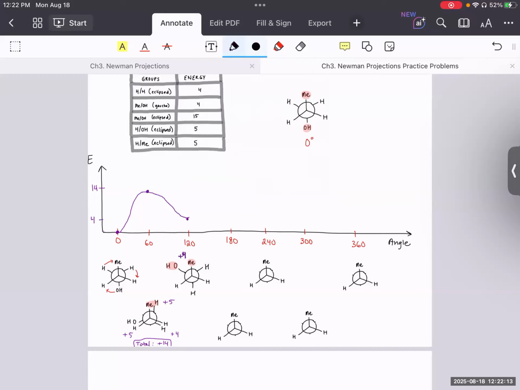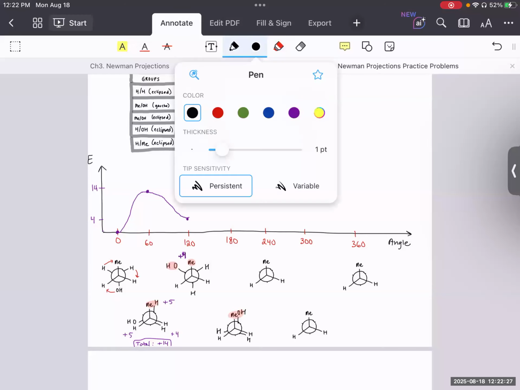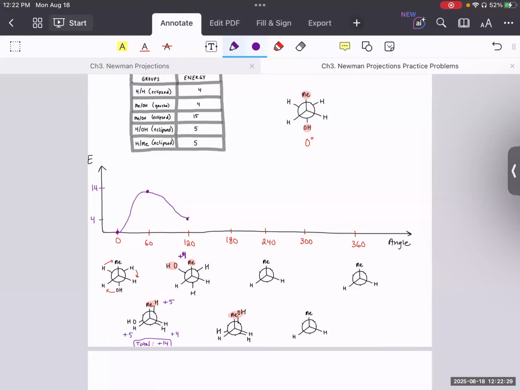Next, we keep going, rotating another 60 degrees. Now we're back to an eclipsed state. What we can see here is that the OH and methyl group are completely eclipsed.